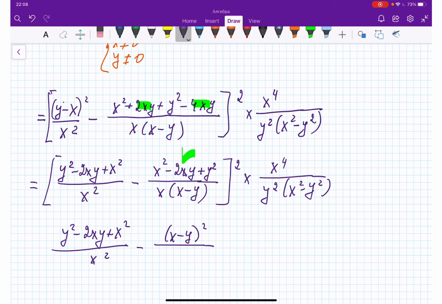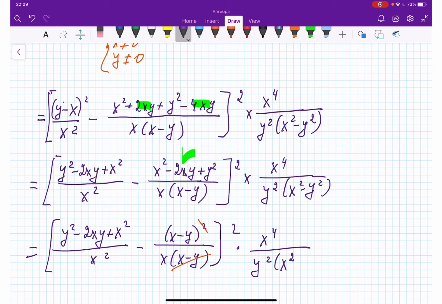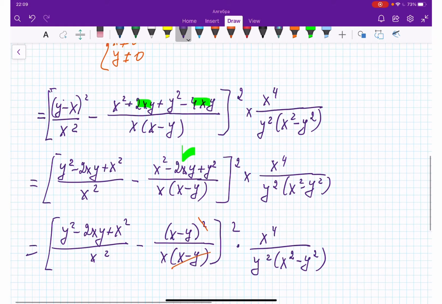And in the denominator I will have x times (x minus y). And right away I'm going to cancel this square with x minus y, correct? Okay, and times x to the 4 over y squared times (x squared minus y squared).